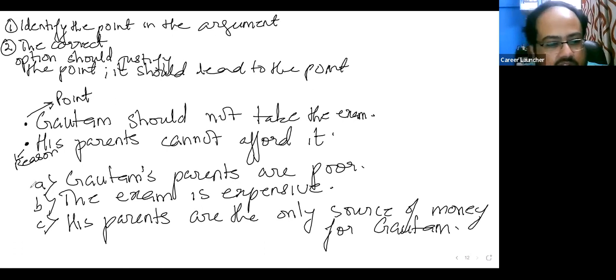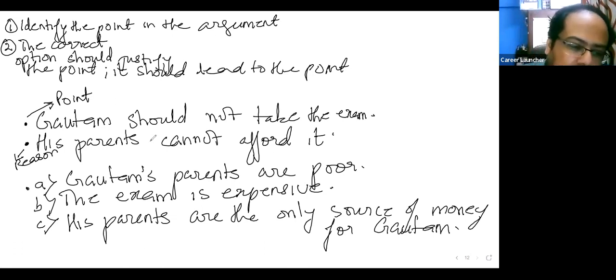So let's look at option A. Gautam's parents are poor. Now just think carefully. Does this justify the first sentence or the second sentence? Is that why Gautam should not take the exam, or is that why his parents cannot afford it?